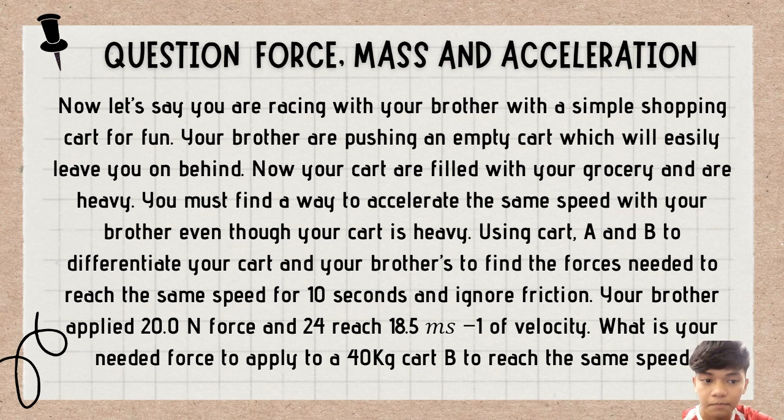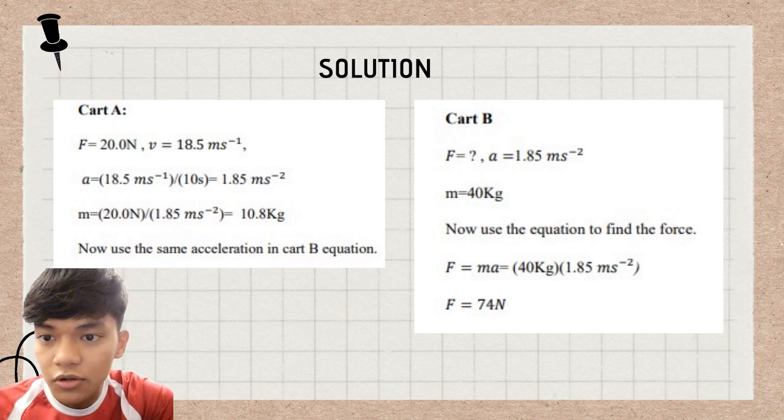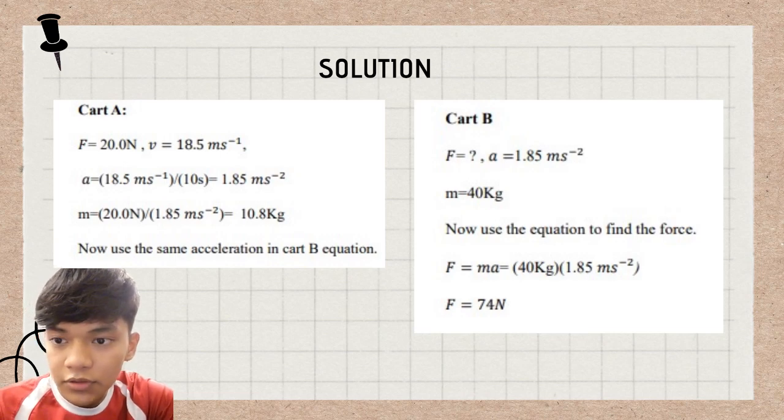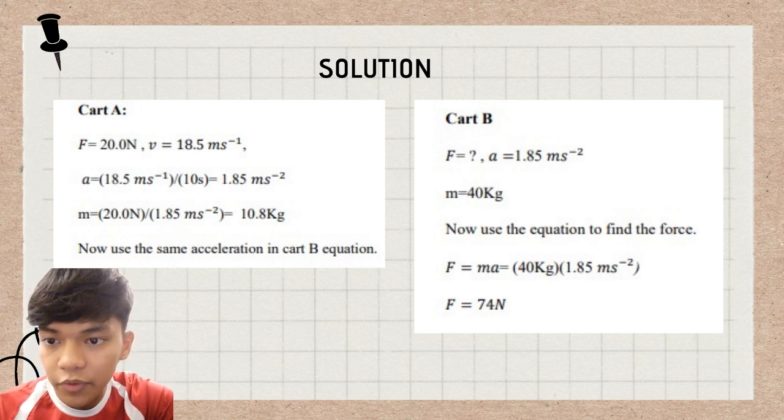Okay, the first step of this question is to extract all the information given and find the necessary data for the F equal to ma equation. So what we got from cart A is F equal to 20 Newton and the velocity is 18.5. As for the acceleration, it is 1.85.